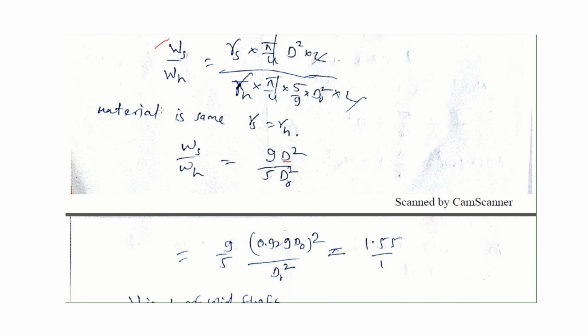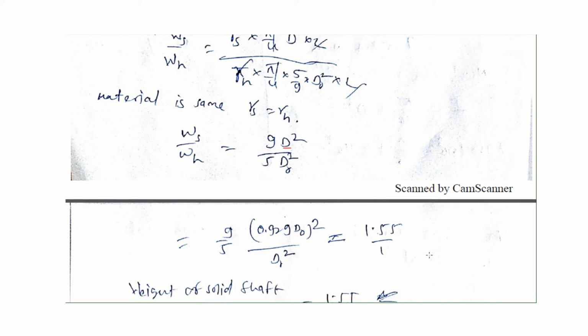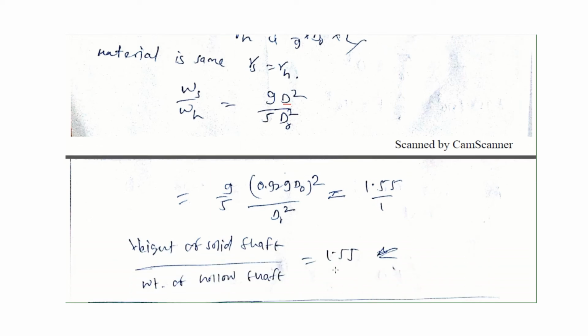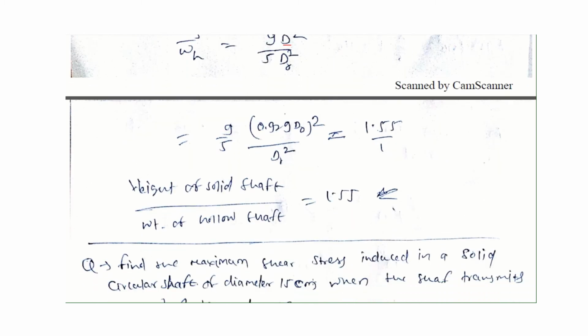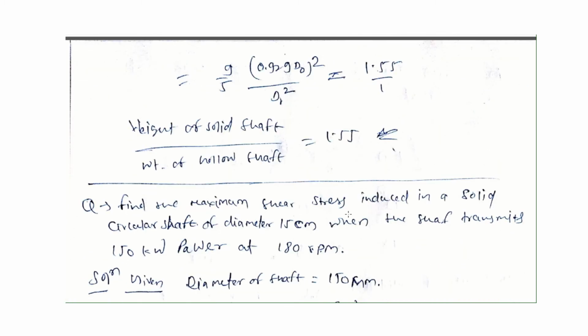The ratio of the weight of the solid shaft to the weight of the hollow shaft is 1.55. That is the answer.